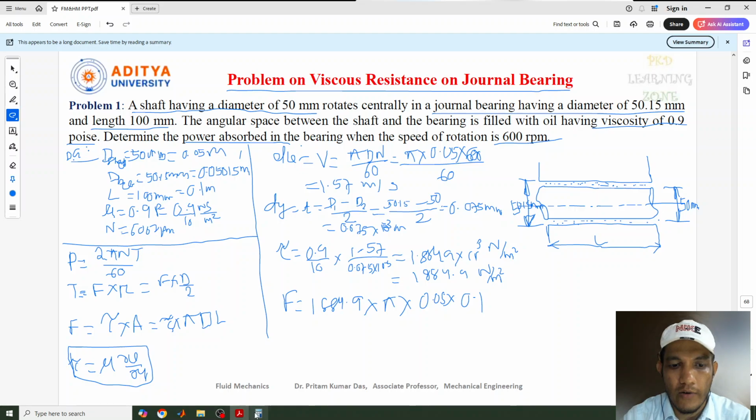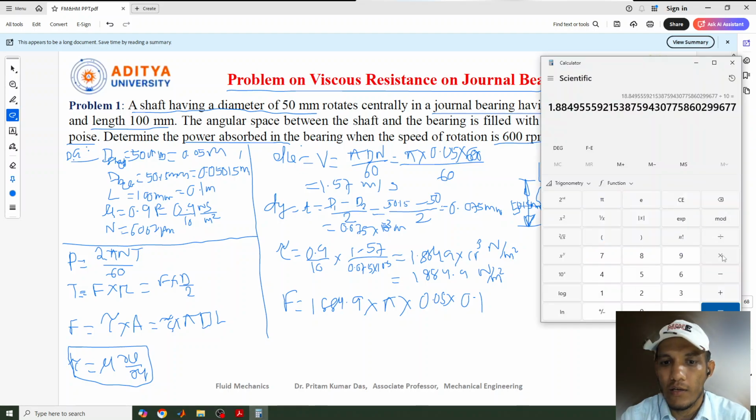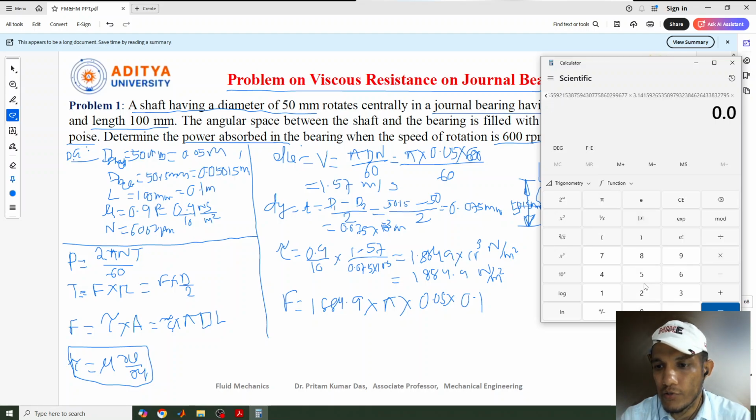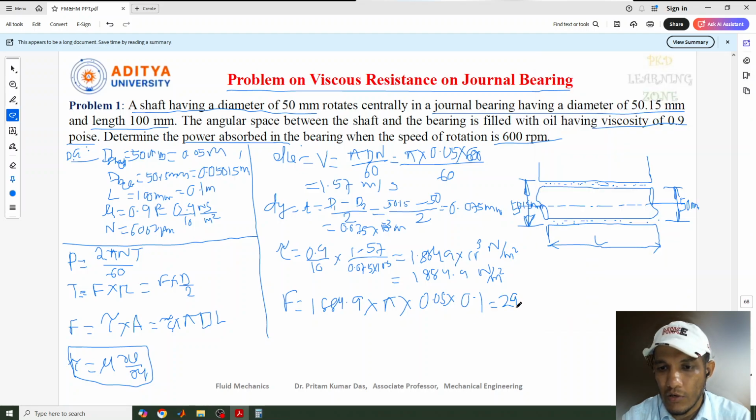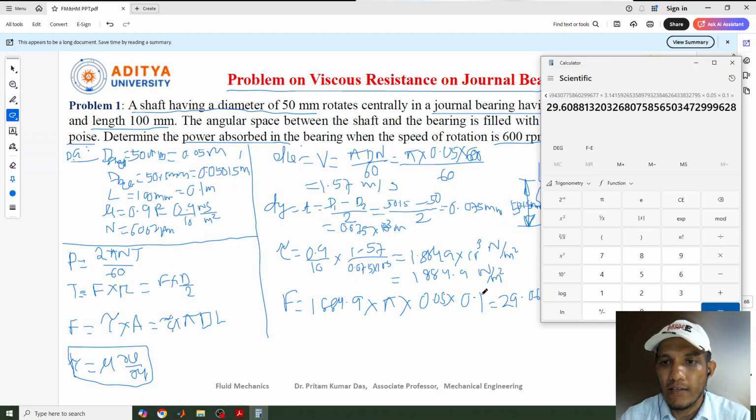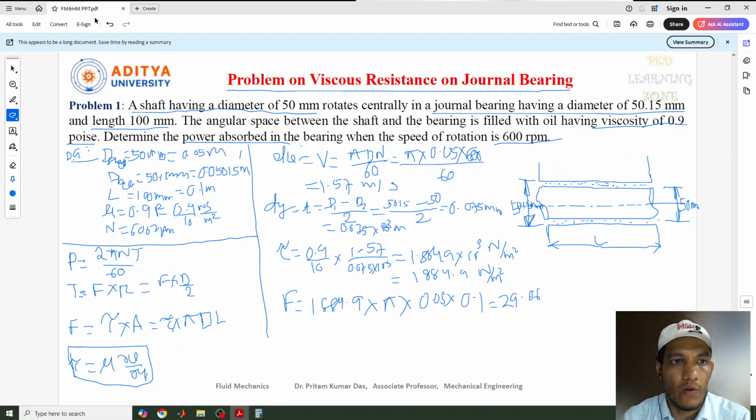So let's multiply in the same equation: 1000 into pi into 0.05 into 0.1. All total we're getting 29.60.